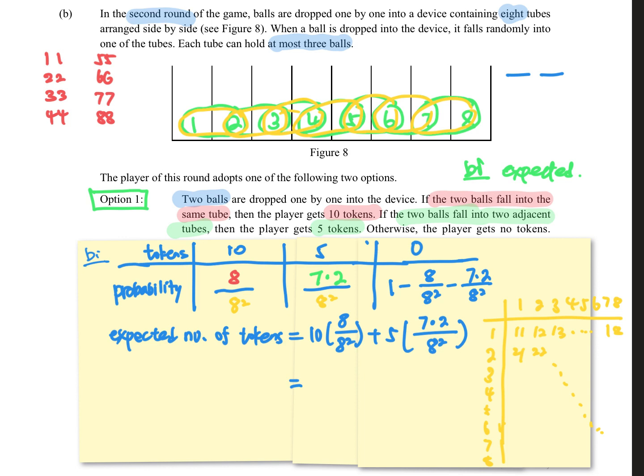And that would be 75 over 32, or in decimal, 2.34375. And that would be for part B1.